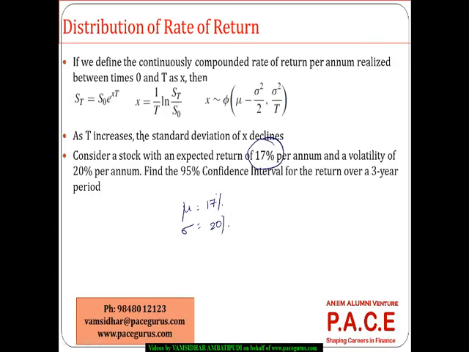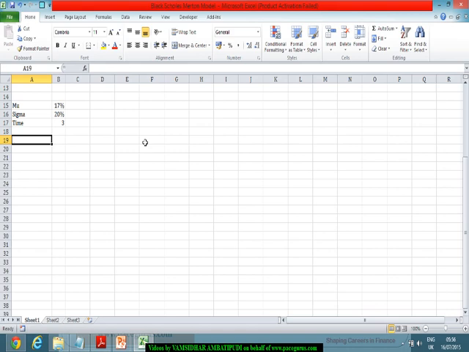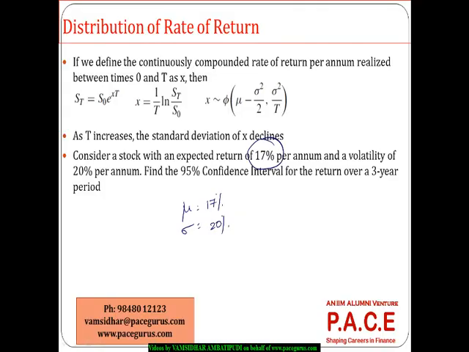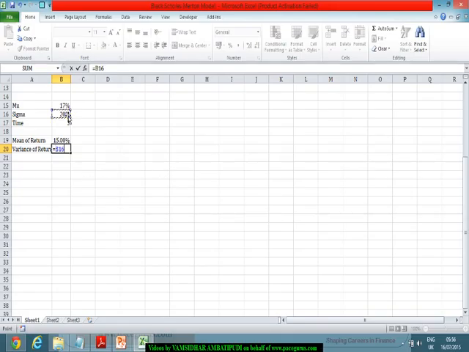So now I know that x, which is the return, follows a normal distribution with mean mu minus sigma squared by 2. The mean of the return comes out to around 15%, and the variance of the return goes with sigma squared by t.